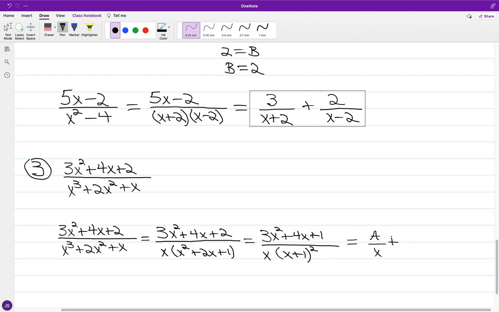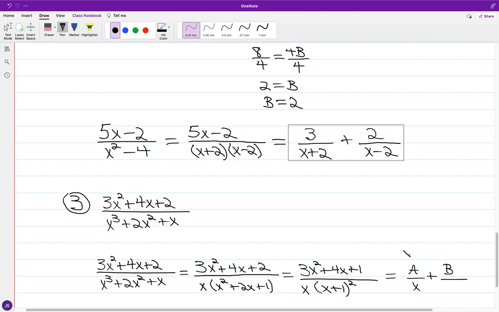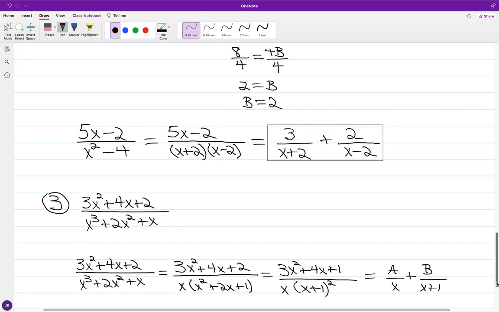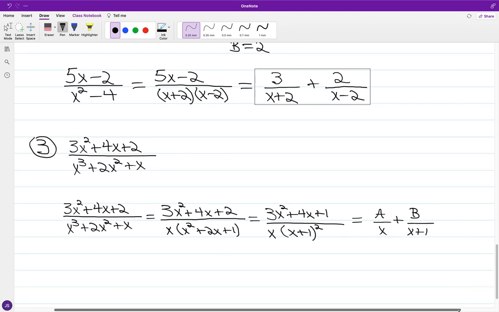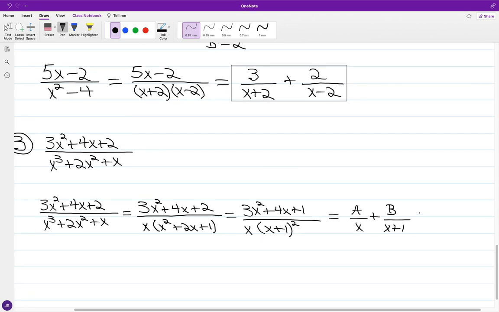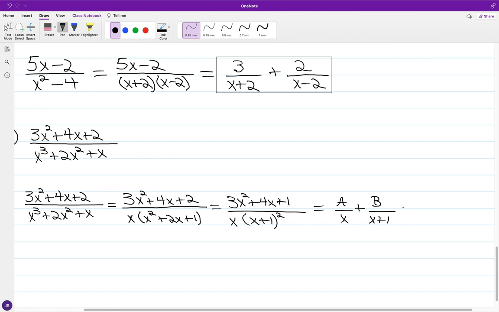What's going to happen here is that you start in first order with a linear factor that repeats, so you have b over x plus 1. And you'll keep applying until we get to the original degree of the repeating linear factor. So we need only go as high as x plus 1 to the second.